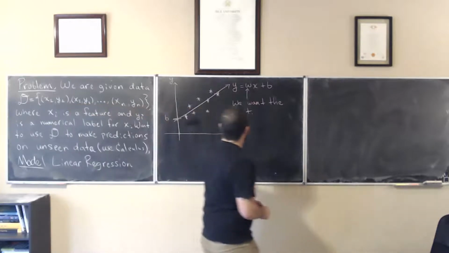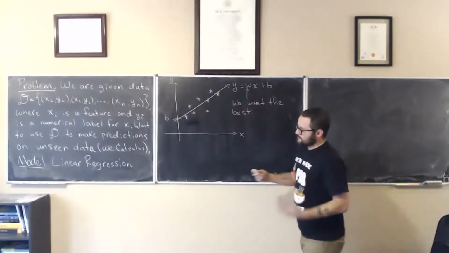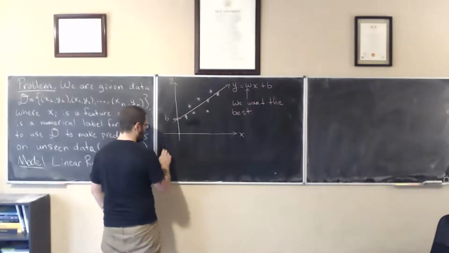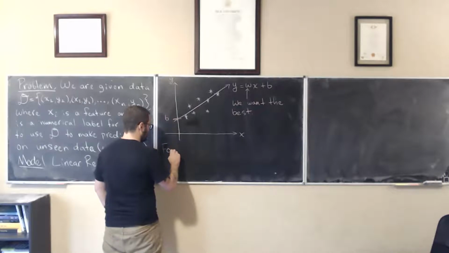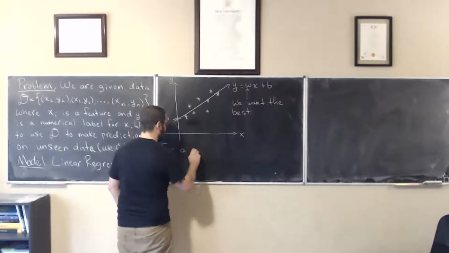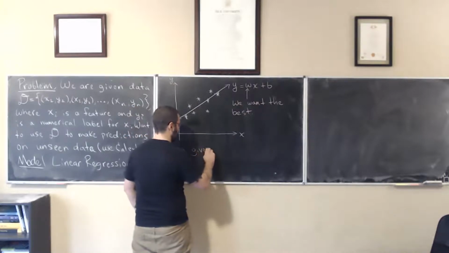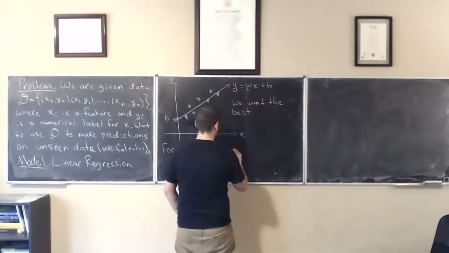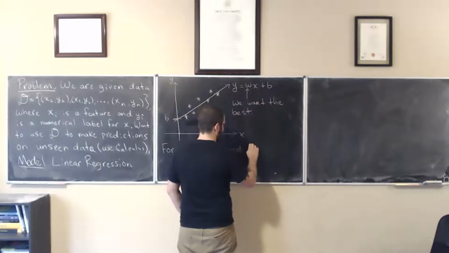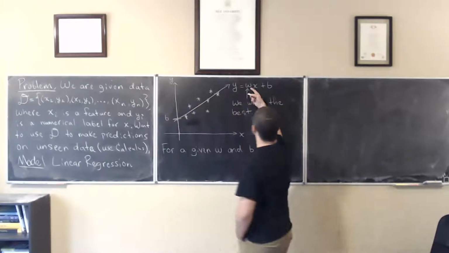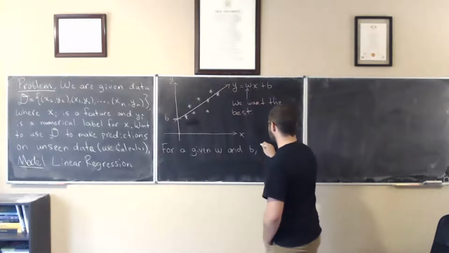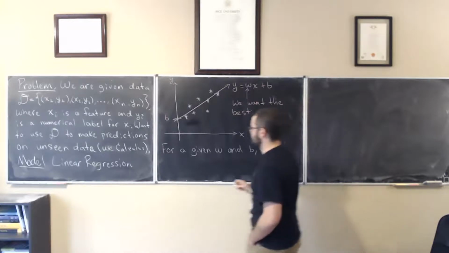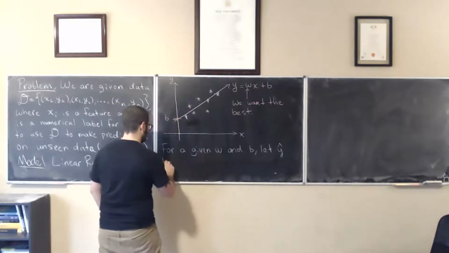So I'm going to introduce some notation here. For a given W and B, so a slope and an intercept, let y hat be our prediction.